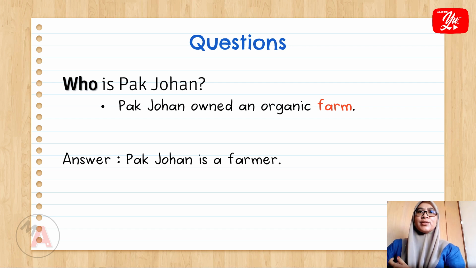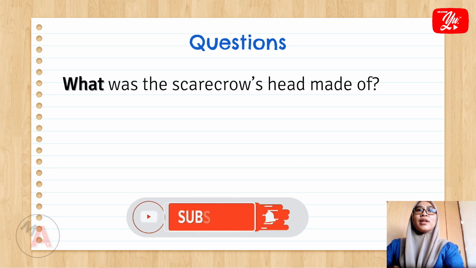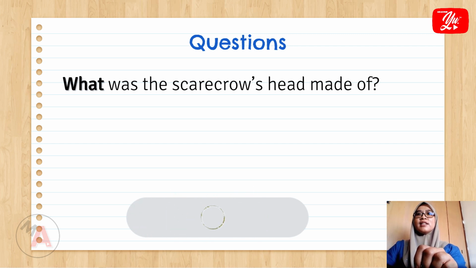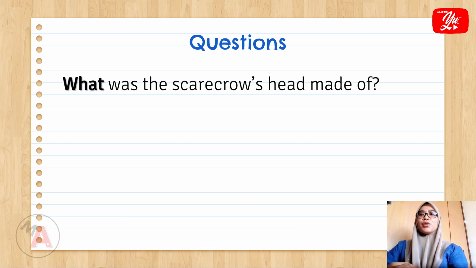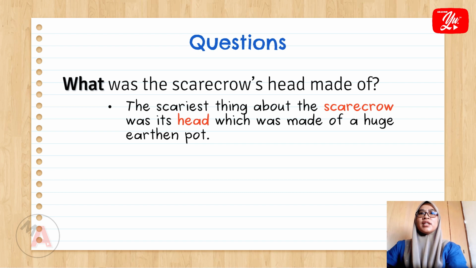Alright? So let us try the second one. The second question is, what was the scarecrow's head made of? Okay, what was the scarecrow's head made of? Okay, so what is apa? Okay, we are going to find answers about things. Okay, so based on the text, okay, so we are talking about scarecrow's head. So look for that clue in the text.